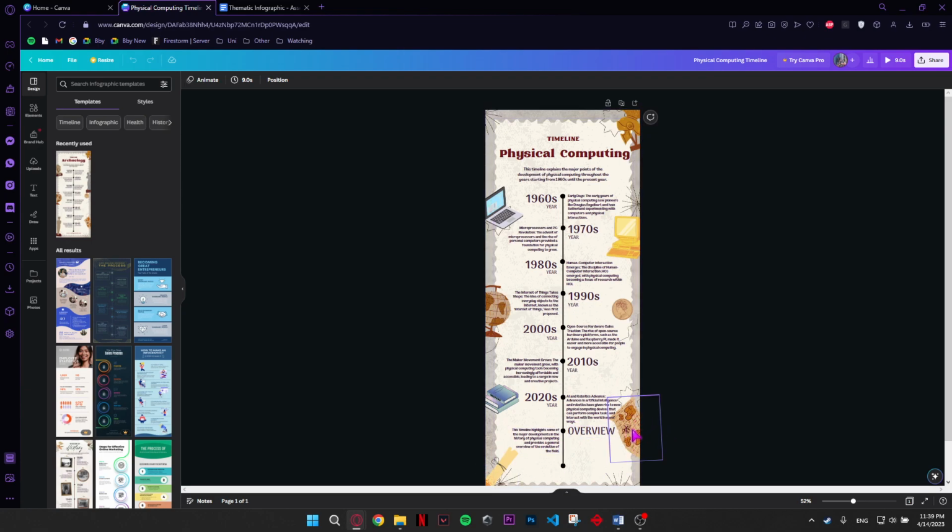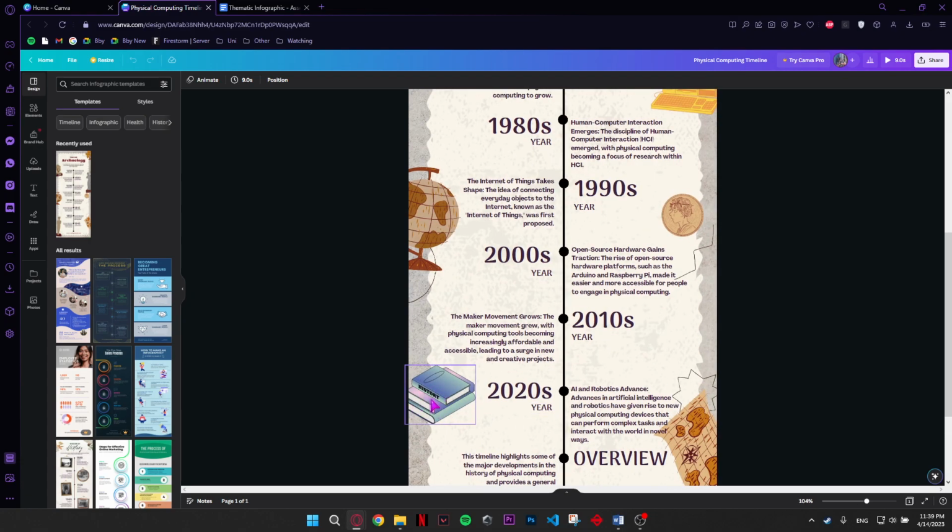This gives like a map type of vibe in which how physical computing developed. It's not just in one nation or one country, but it developed across the globe. So I also included that, and then the mission scroll, and then the books here that say history. If I zoom in here, it says history.